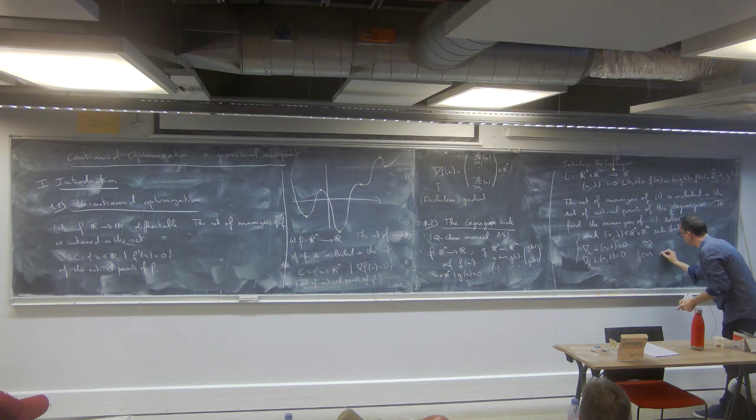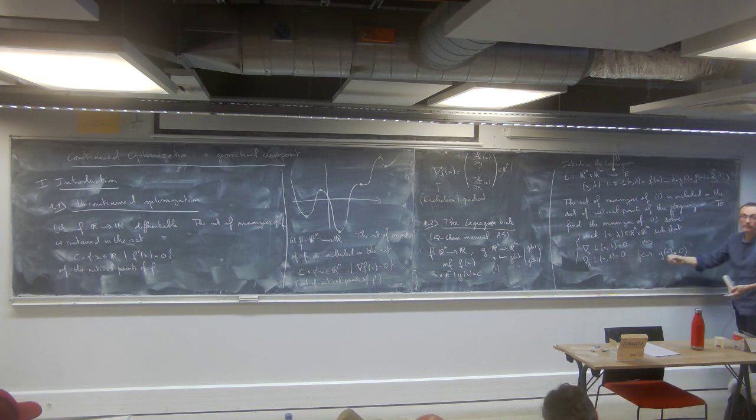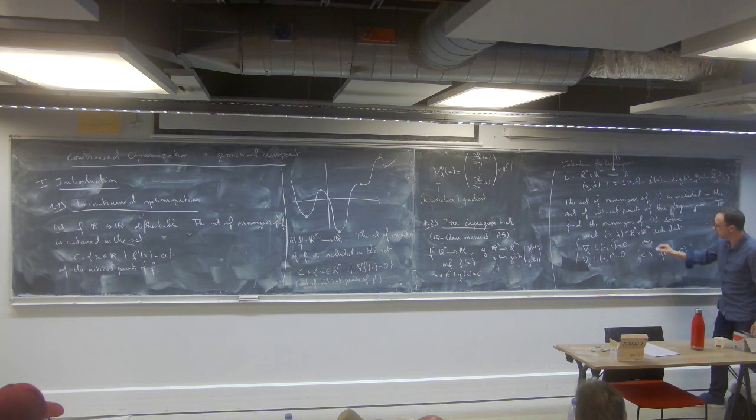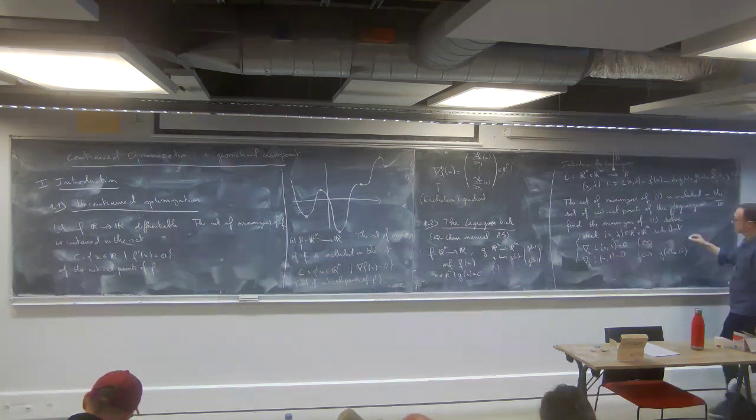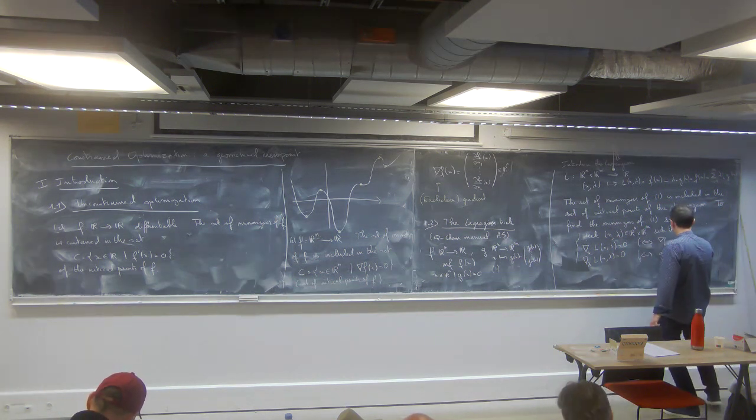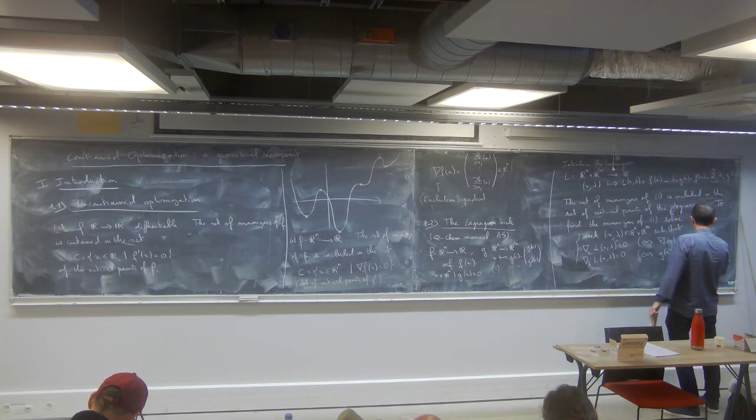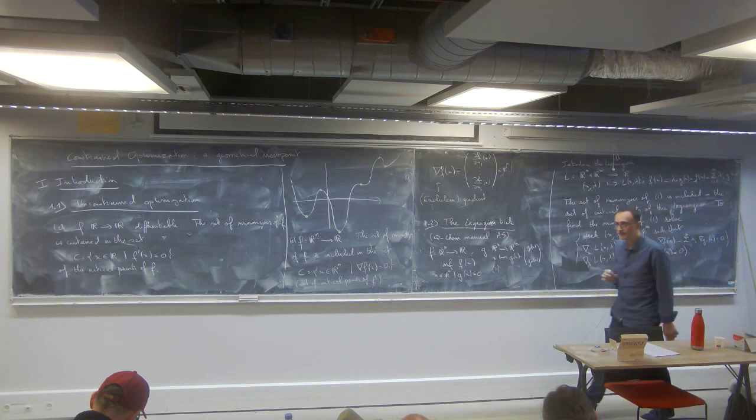So this criterion is equivalent to ensuring that x is on the minimization set. And what about this one? This one is equivalent to the gradient of f of x minus the sum of lambda i gradient of gi at x is equal to 0. Okay?